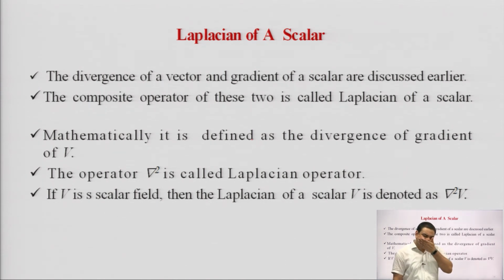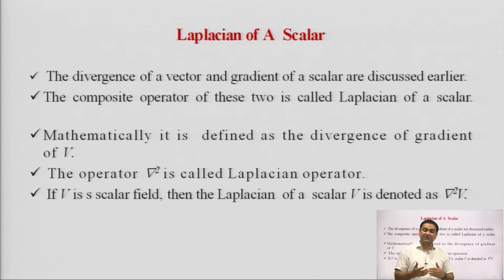Finally, we come to a very interesting and very important operator, which is known as the Laplacian. The Laplacian is the divergence of gradient. It is a composite of the gradient and divergence operators, and it is required everywhere to describe radiation.